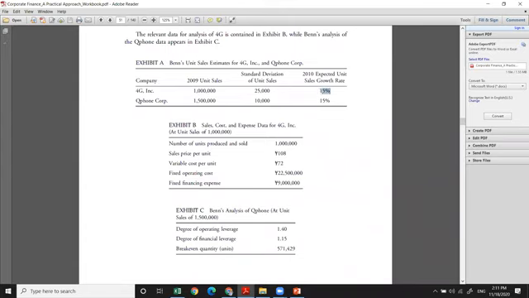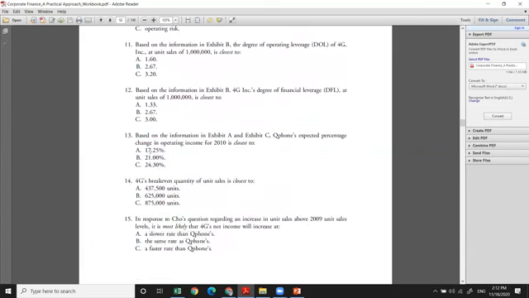Expected units sold increased by 15%, and degree of operating leverage is 1.4. So everything is given here. We will just use it. DOL times this, you will get question 13. So 1.4 times 15% would give you 21%. So it's B.